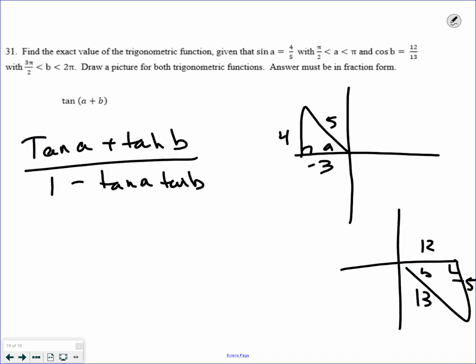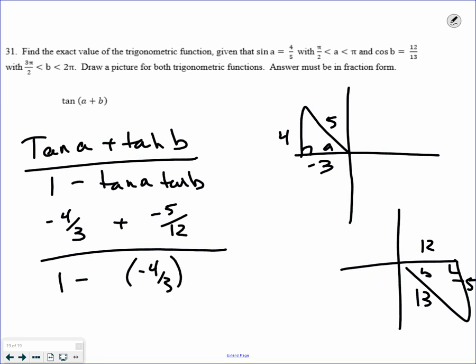So now looking at A, tangent is, excuse me, opposite over adjacent. Tangent of B, opposite over adjacent. And then negative 4/3 times negative 5/12. Little fractional skills here.